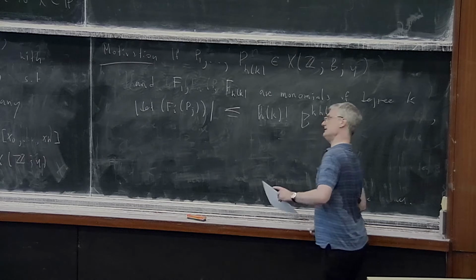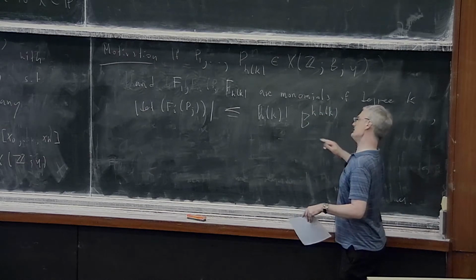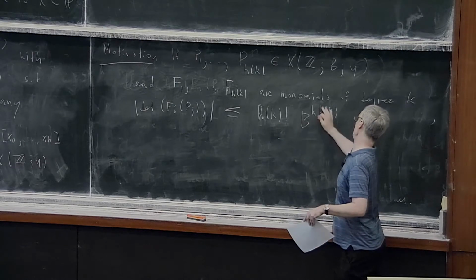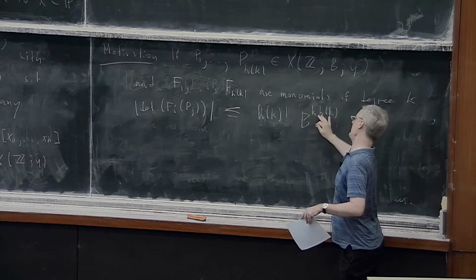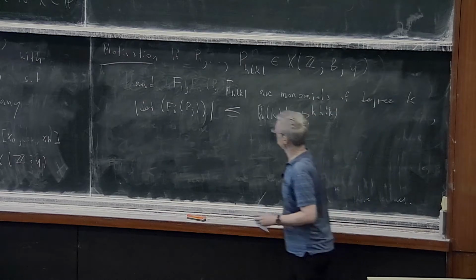I mean, you just look at the definition of the determinant, and there are so many terms, and in each term you just have h(k) factors of monomials of degree k. So you have this trivial bound.